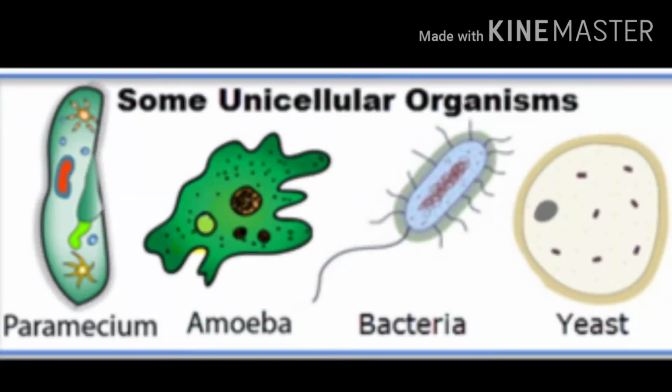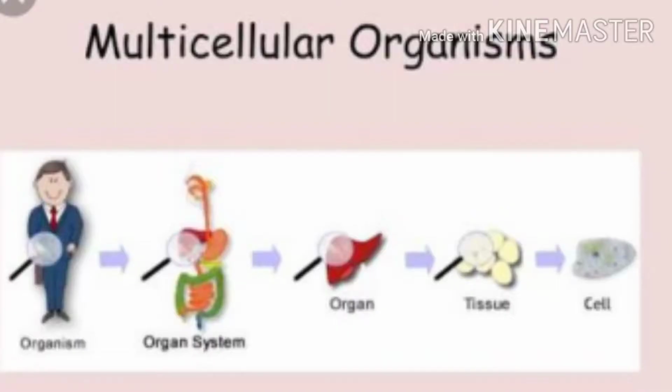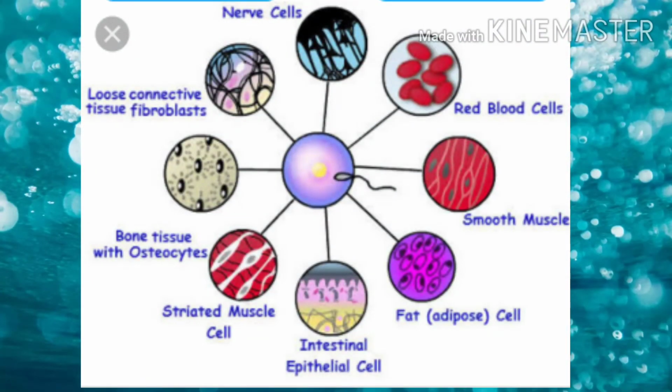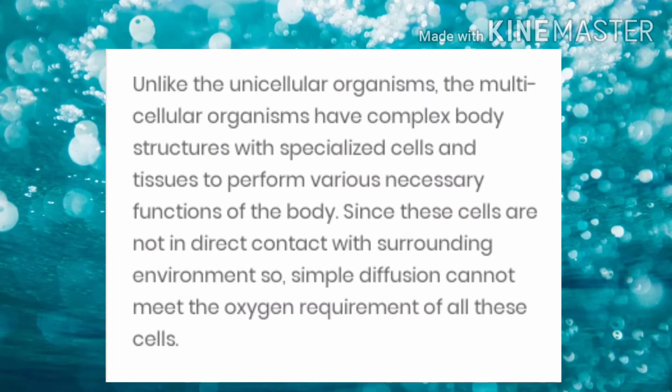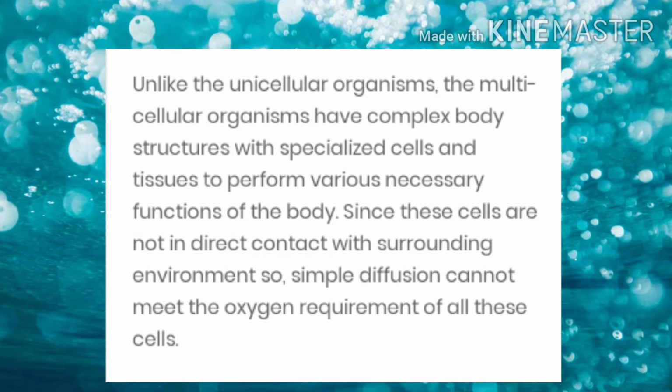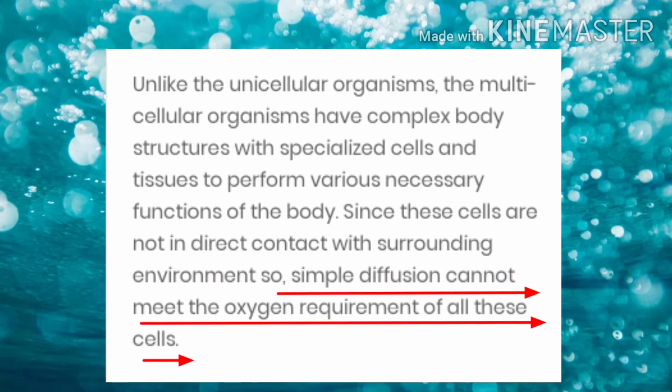Unlike the unicellular organisms, the multicellular organisms have complex body structures with specialized cells and tissues to perform various necessary functions of the body. Since these cells are not in direct contact with the surrounding environment, simple diffusion cannot meet the oxygen requirement of all these cells.